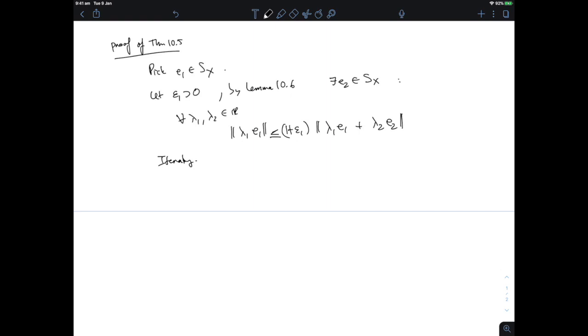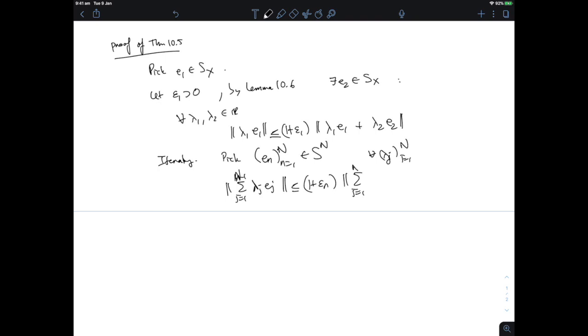And then you keep doing that, and you can pick a whole family En, n equal 1 to capital N, in the unit sphere, such that for every sequence of real lambda j, j equal 1 to N, we have that the norm of the sum of lambda j ej up to capital N minus 1 is smaller than 1 plus epsilon N times the norm of the sum j equal 1 to capital N of lambda j ej.